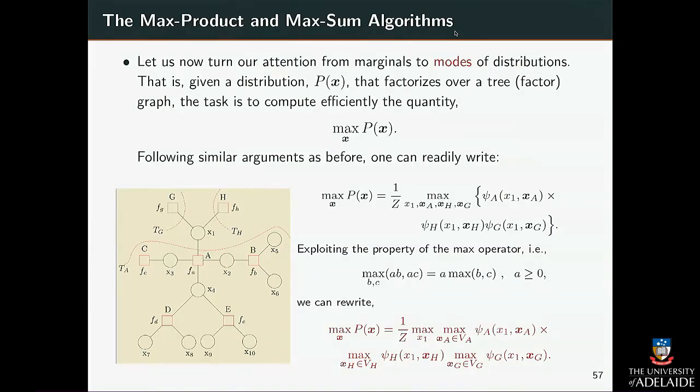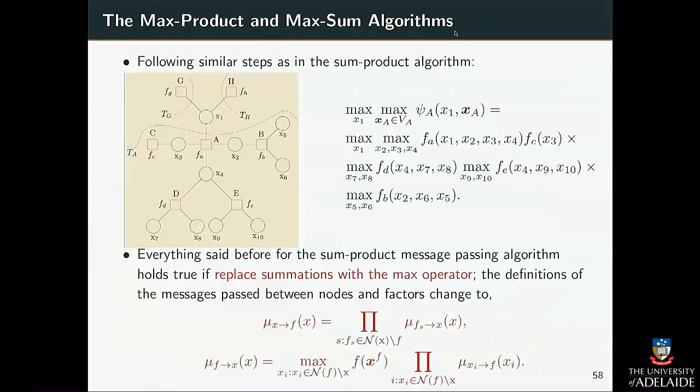And because of this, if you have the maximum of these three things, you can actually rewrite it as this thing. You are maximizing this times the maximum of that, and maximize, so basically the product of these three maxima, and then you have to take the maximum between these three. So that's the idea.